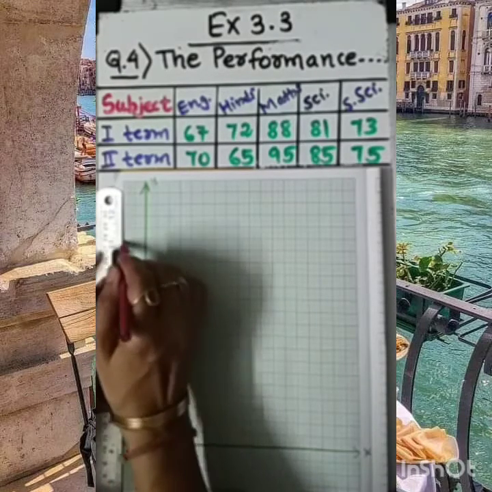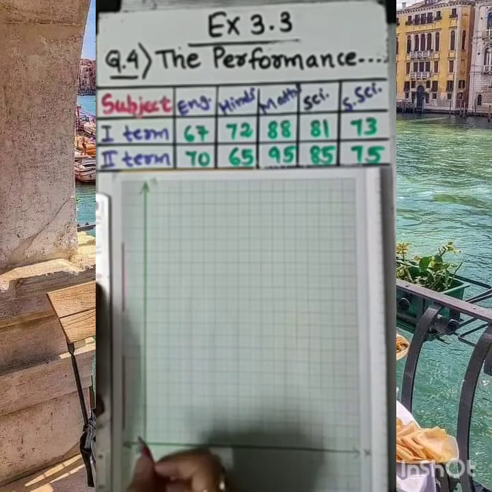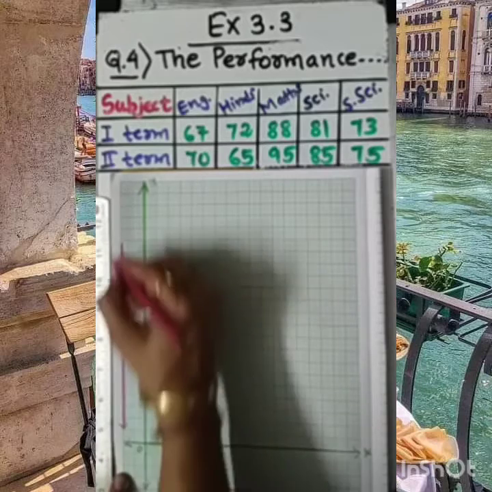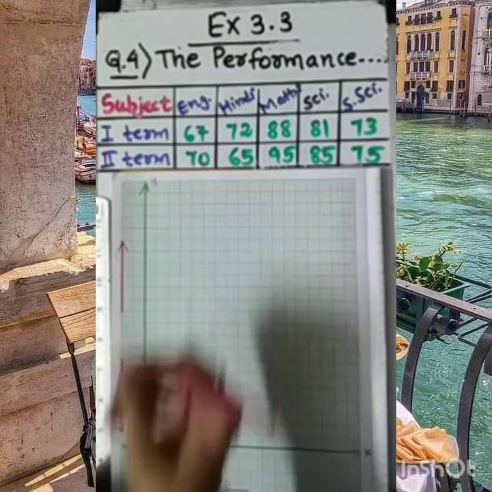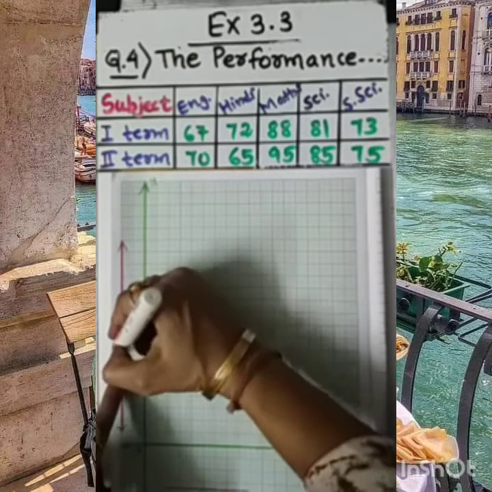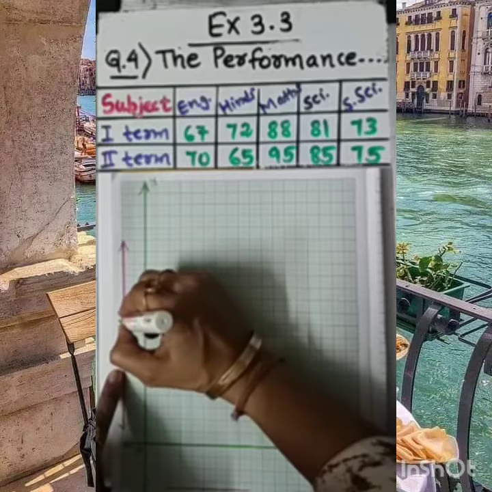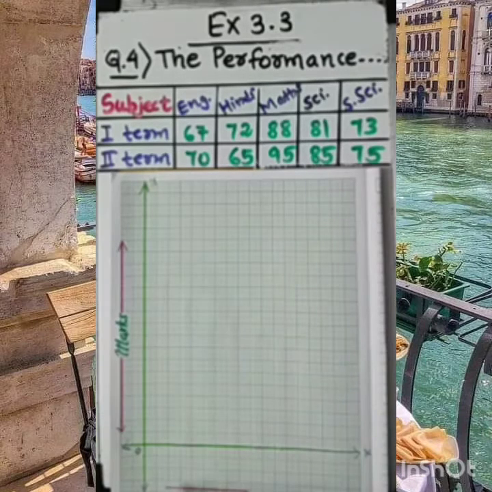Okay, whatever the marks of a student out of 100, that we are mentioning on y-axis. So here this is marks, and here we are choosing subjects. Okay, clear to you?